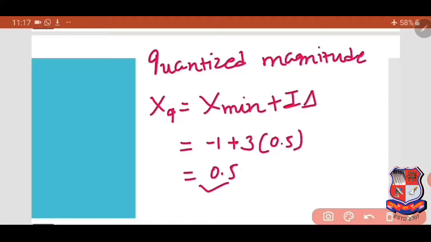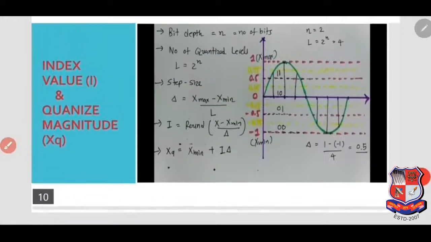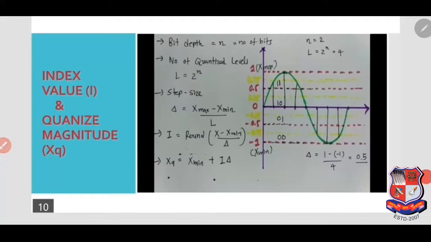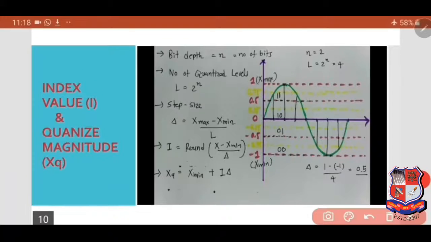So here as well, we have to find the xq for each and every sample, with the equation of x mean plus I delta. So once again I will repeat, we have to repeat those equations for all the samples for I and xq.